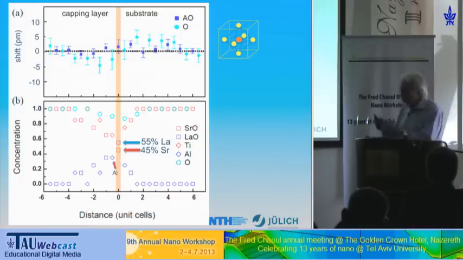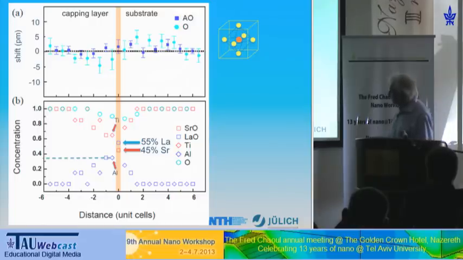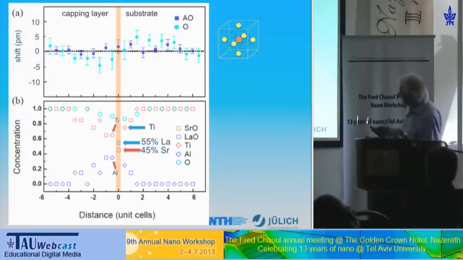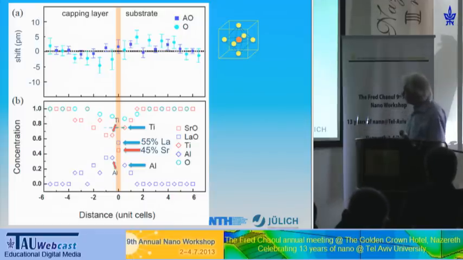So you have a tremendous intermixing. And this should be a pure aluminium layer here. What you have is a mixture between aluminium and titanium, only 35% aluminium, and the rest is titanium. And this here should be a pure titanium layer, because it's the last layer of your strontium titanate substrate, should be 100% titanium.